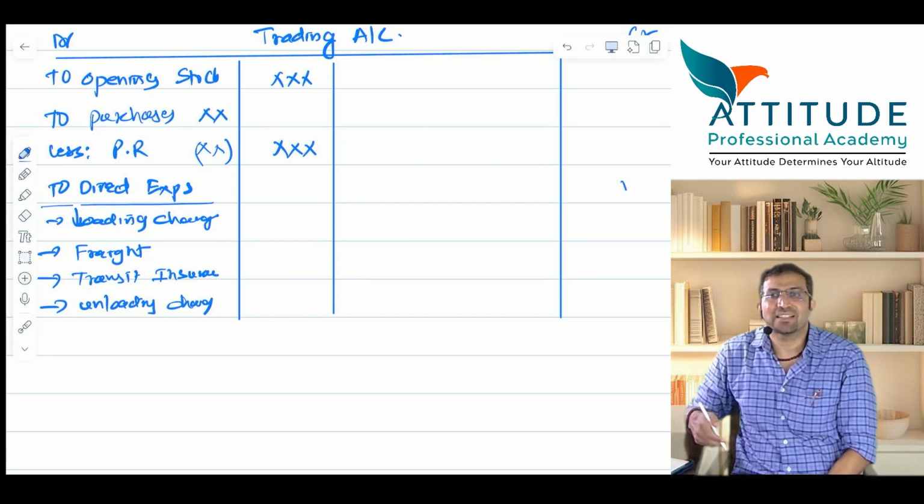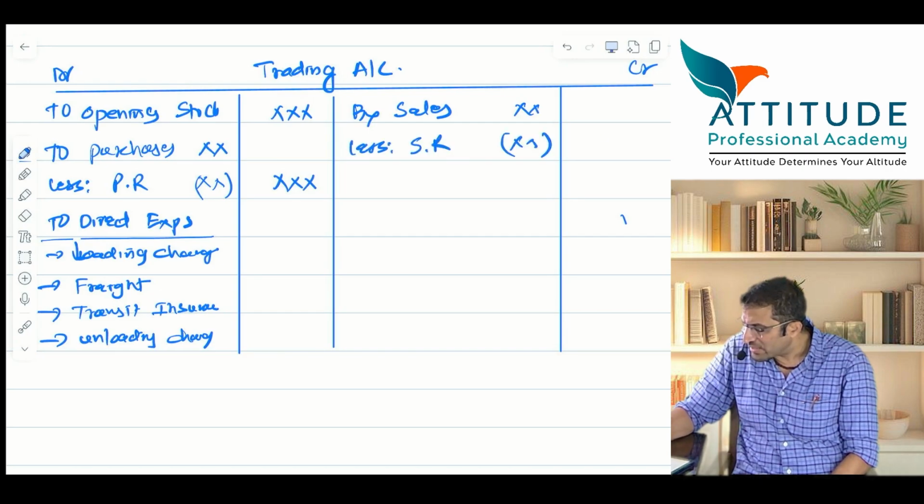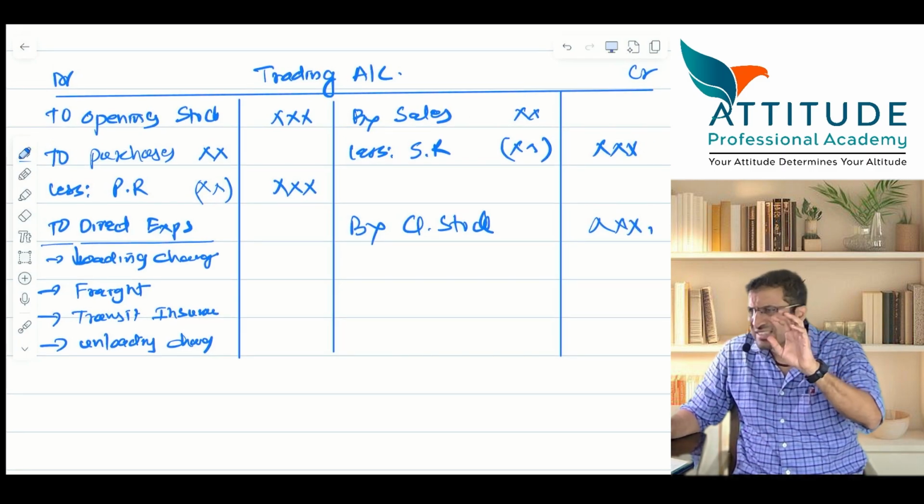Then on this side you have by sales, less sales return, net sales will come in the outer column, and then you have by closing stock.